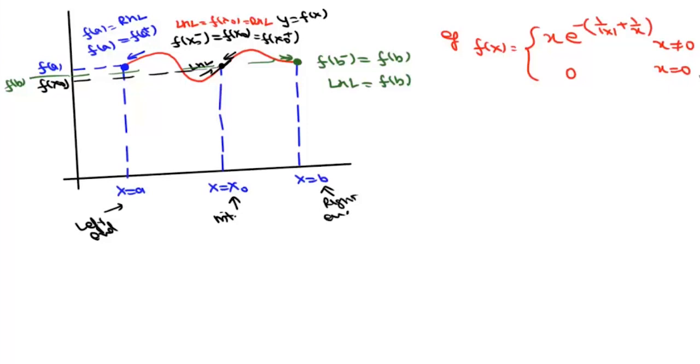Now it says, discuss the continuity of this function at x equals 0. Now in this case, this point x equal to 0 is an interior point.